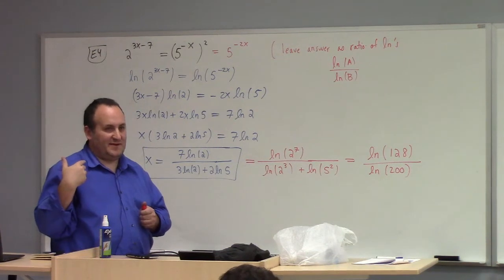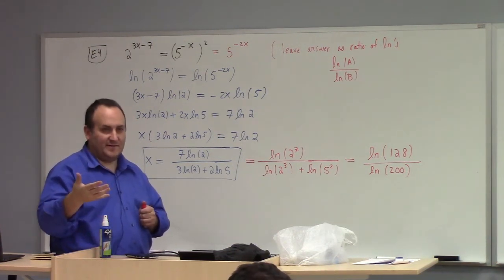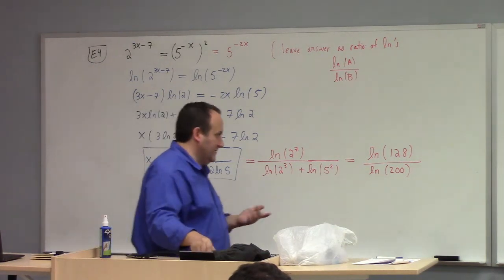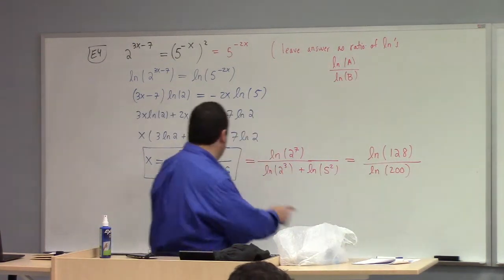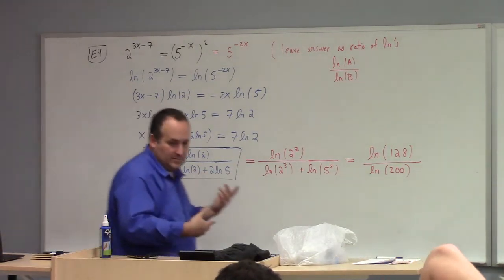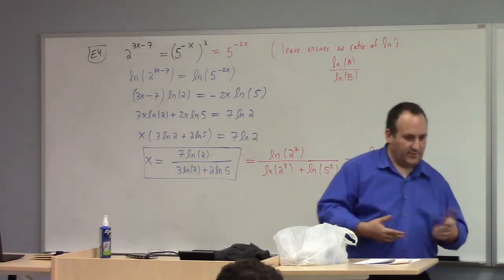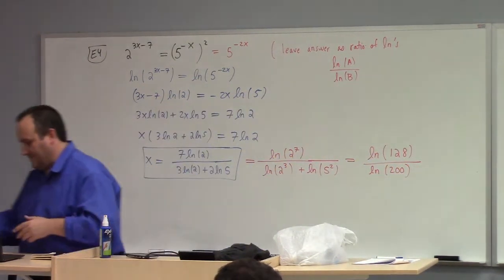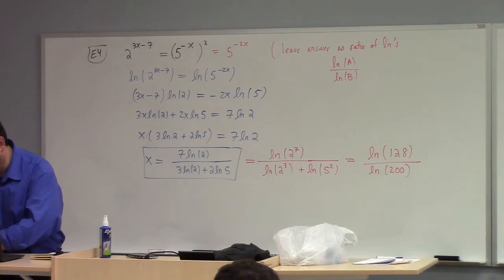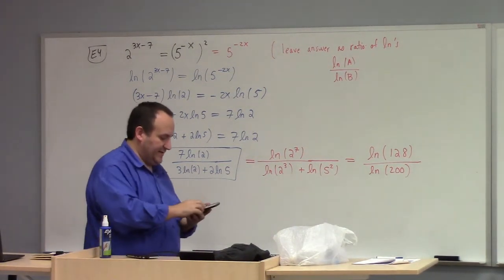I should ask everybody to give me answers as decimals to three digits, right? Because you can always get your calculator out and compute whatever you like here, and you should get the same number. Let's see here.